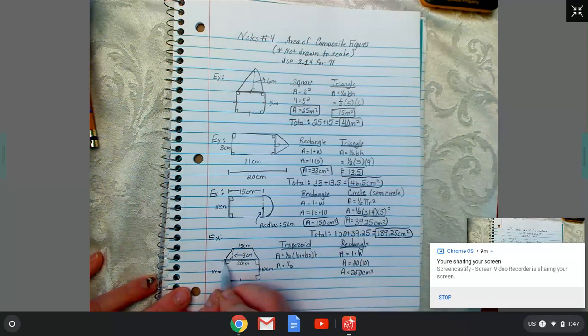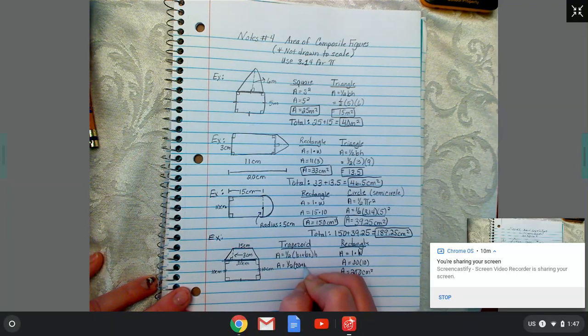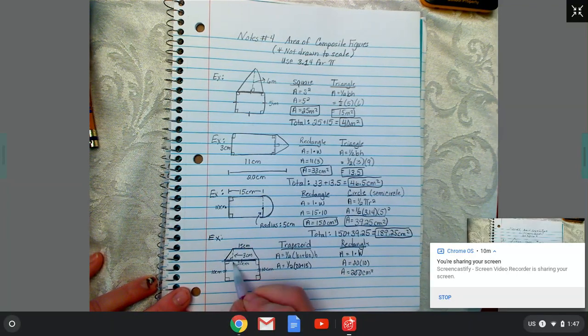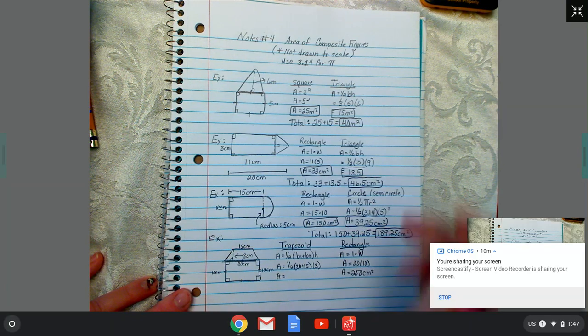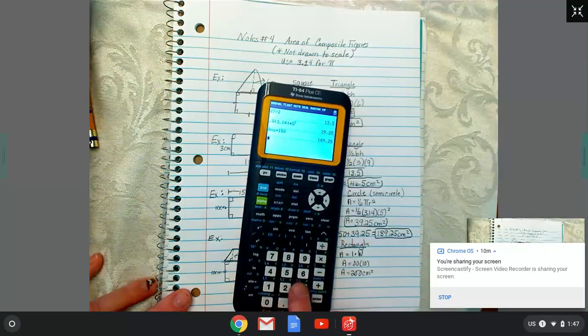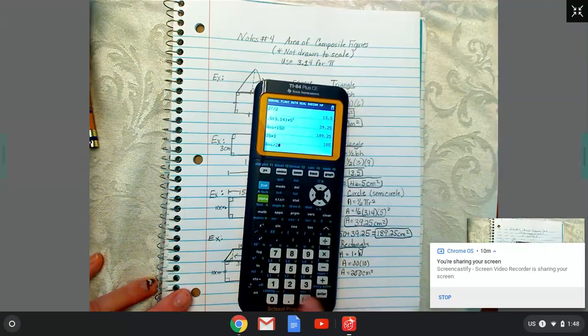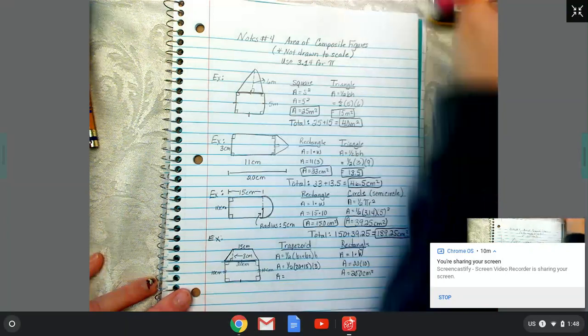The two bases are the bottom and the top here. And the way we know they're bases is they're connected perpendicular to the height. So this height is a right angle perpendicular to the bases. So 20 plus 15 is 35, 35 times 3, and half of that. 52 and a half.